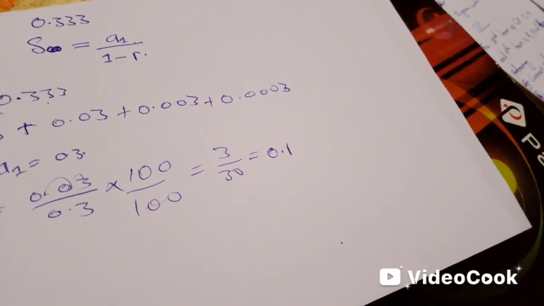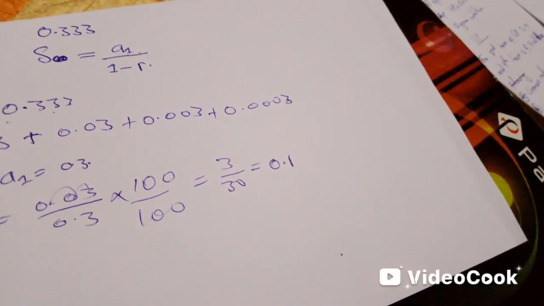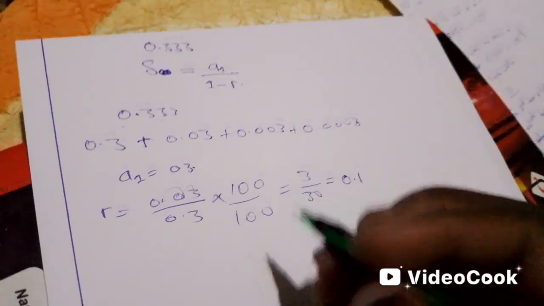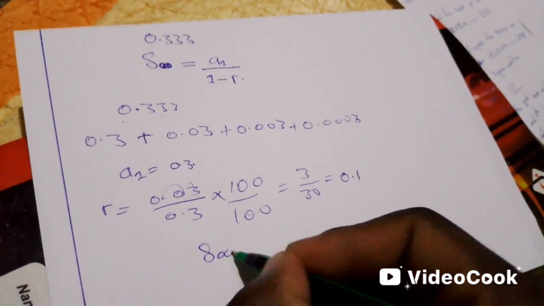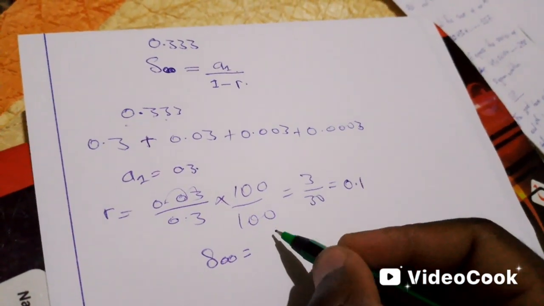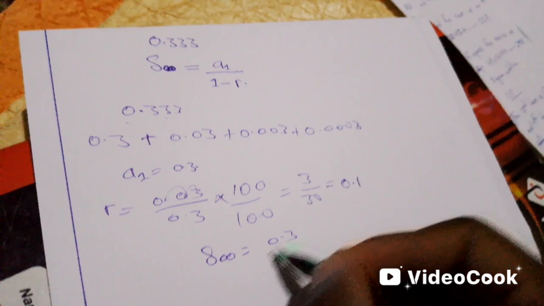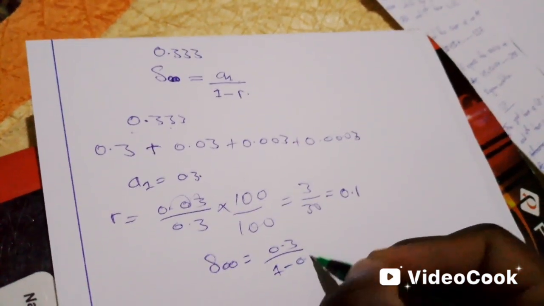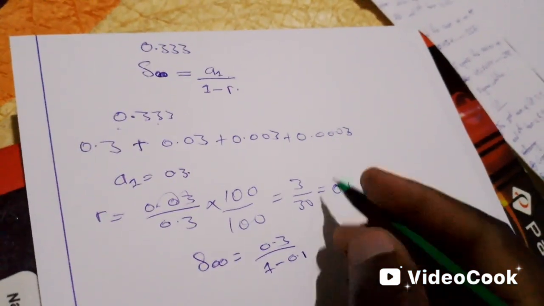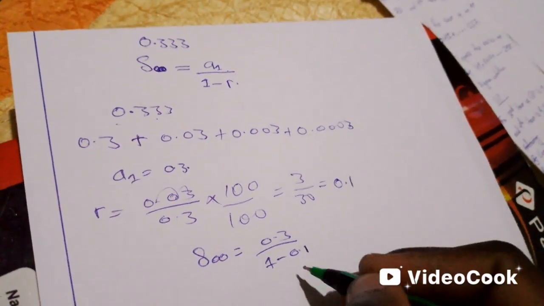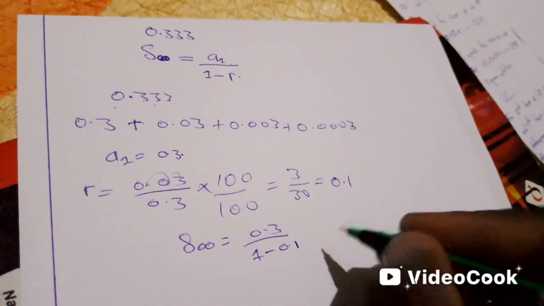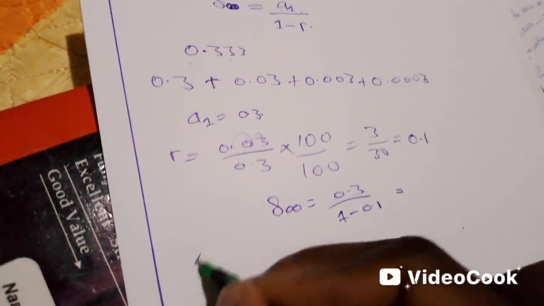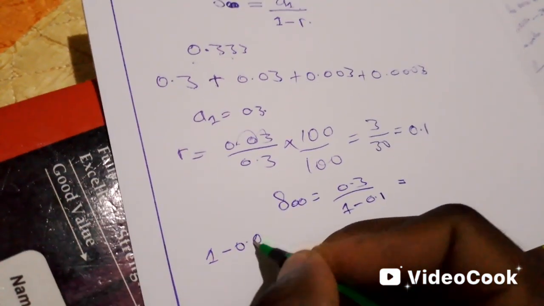So having the common ratio and the first term, we can now plug everything in. The sum to infinity is equal to the first term, 0.3, over 1 minus 0.1, our common ratio. Let's first work with 1 minus 0.1.